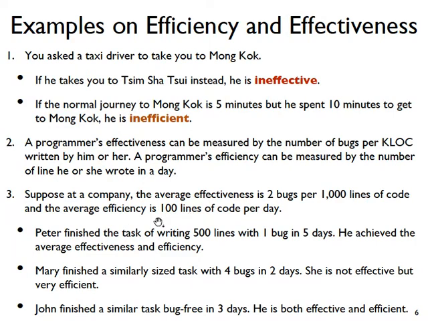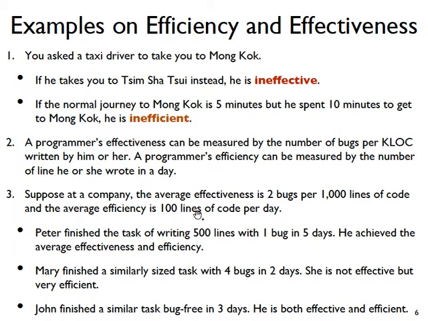Sometimes some people, for example, Peter, let's say the average effectiveness is $2 per 1,000 lines in a company, and the average efficiency is 100 lines per day. You may think average programmers should write more than 100 lines a day, but in reality, at least in Western countries, I think that was the figure.